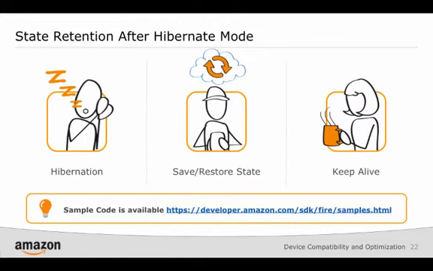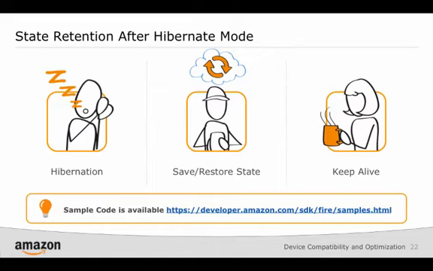For Kindle Fire tablets, hibernation mode is initiated in order to extend battery life after a screen timeout or when the user taps the power button. By default, hibernation mode disables all network connection and disables the CPU. When the device comes out of hibernation mode, your app should return to its previous state, saving all user data in progress.